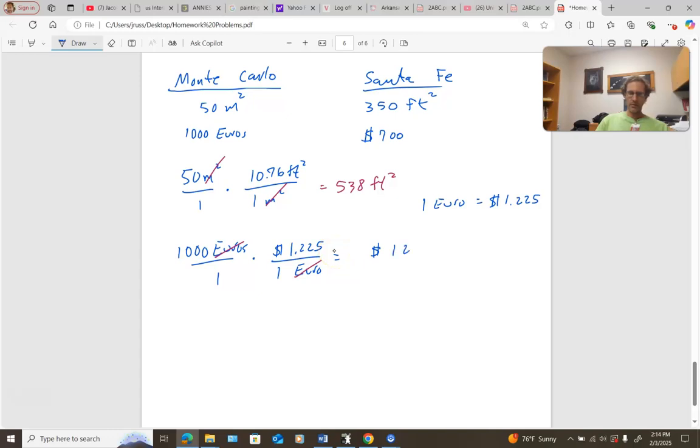So it would be 1,225, okay? So for Monte Carlo, it's a 538 square foot apartment, and the cost is $1,225. And over here in Santa Fe, it's a 350 square foot apartment, and the cost is $700.